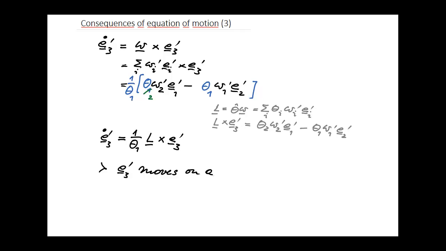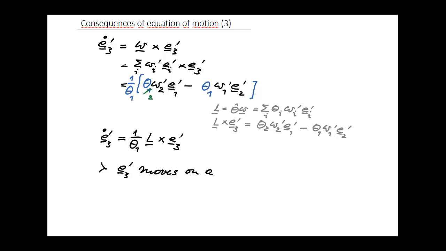So with the same argument as for omega, we can conclude from here that not only does e3 prime have a constant length, that's clear because on an orthonormal basis it always has length 1, but we can also conclude from this equation that the projection of e3 prime onto the angular momentum vector, so onto the axis spanned by the angular momentum, is constant in time.